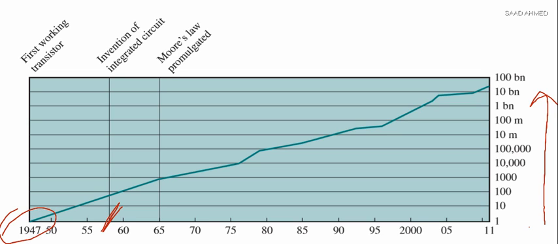It has reached almost 100 billion by 2011, and it is continuously being upgraded. So you see that you have a technology at your hand which is very, very powerful.